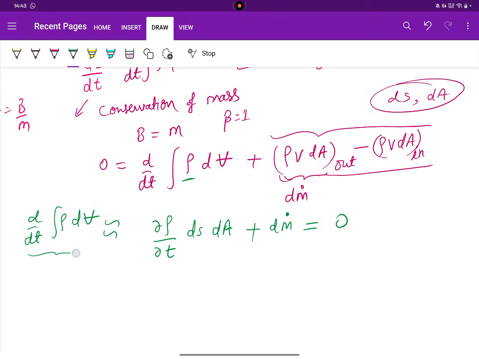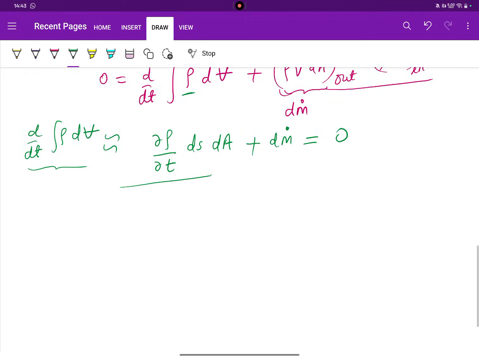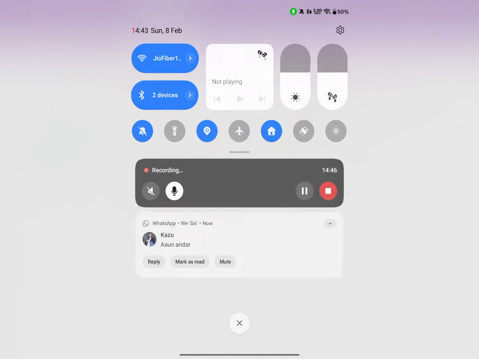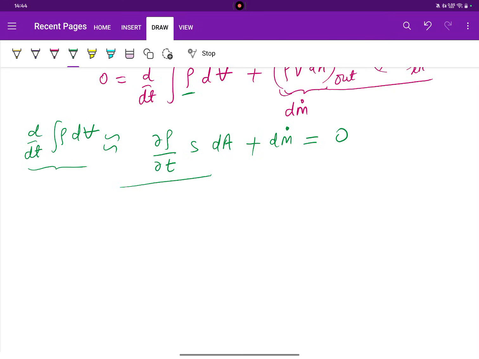So I approximated it like this, and then this. Basically s into dA. We have taken one whole element here.